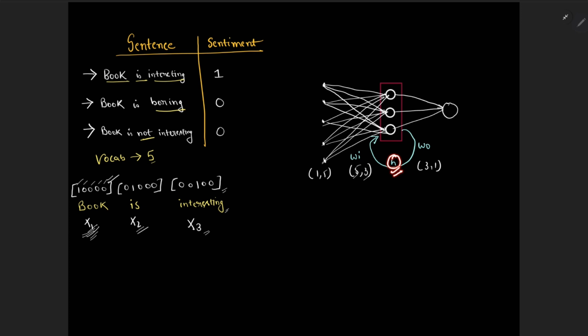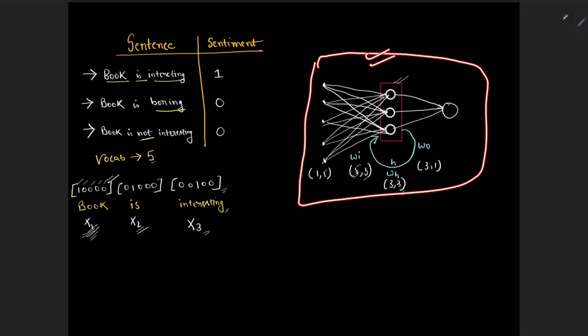So it will also have some weights, which will be WH. The dimension of WH will be 3, 3, because there are 3 neurons and we are passing the same hidden state back to the same neurons. So it will be 3, 3. So these are the weighted connections of our recurrent neural network.